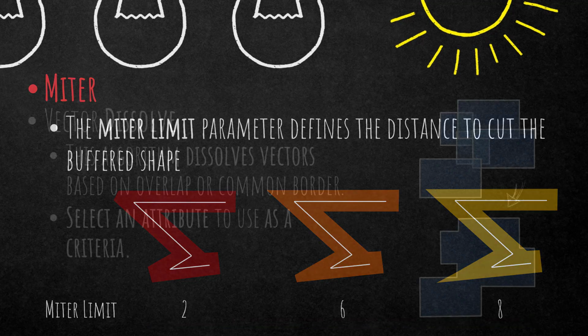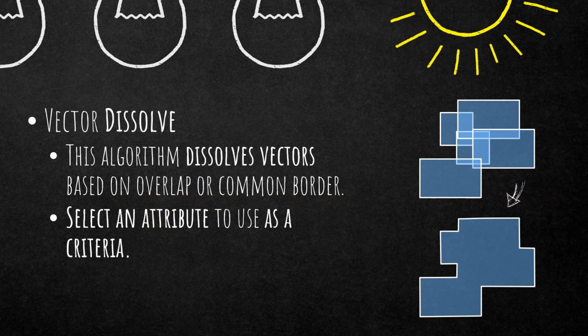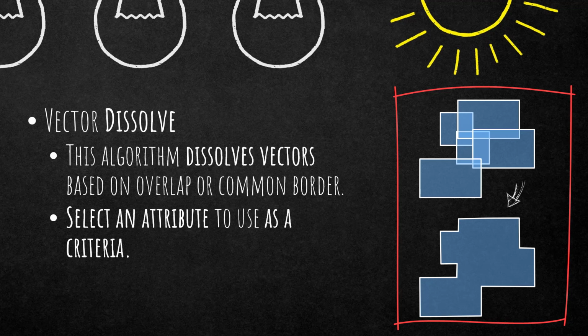One more slide before we start with playing around in eCognition regarding the vector dissolve. This algorithm dissolves vectors, so we're working with vectors based on overlap or common border. You can also select an attribute to use as a criteria.